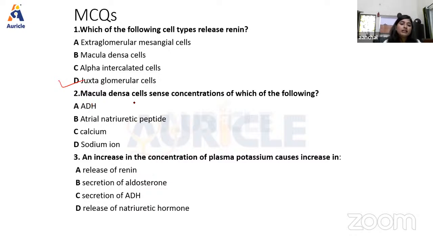Now, macula densa cells sense concentration of which of the following? Just now we have discussed this question: ADH, ANP, calcium, or sodium ion. Macula densa senses what? Again, you have 30 seconds to answer this.